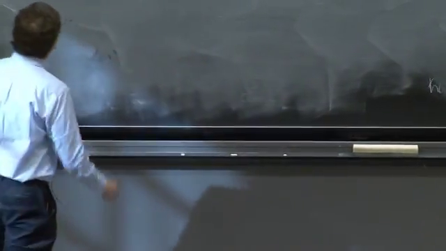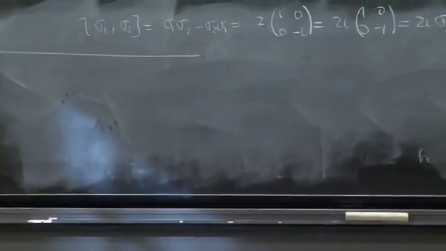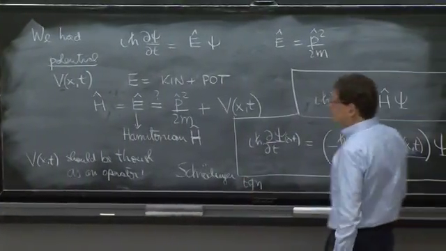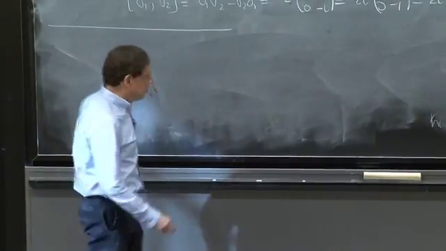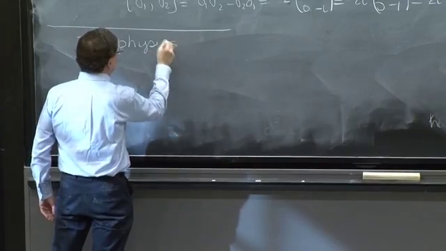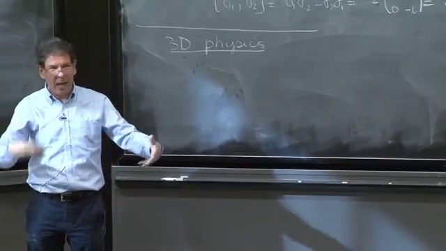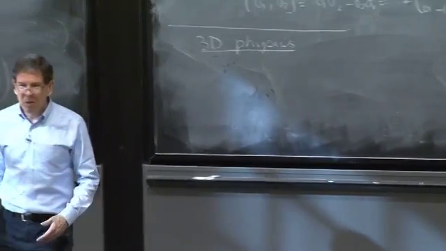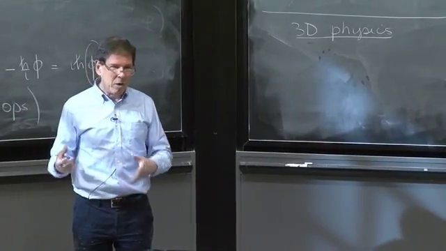So I want to now generalize this a little bit more to just give you the complete Schrodinger equation in 3 dimensions. So how do we work in 3 dimensions? 3-dimensional physics. You know, there's 2 ways of teaching 804: to just do everything in 1 dimension, and then one day, 2/3 of the way of the course, say, well, you know, we live in 3 dimensions, and we're going to add these things.